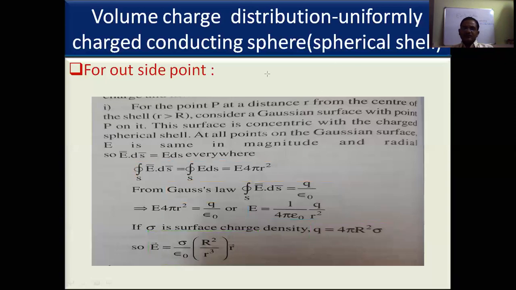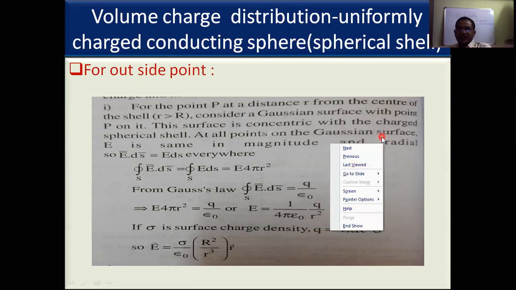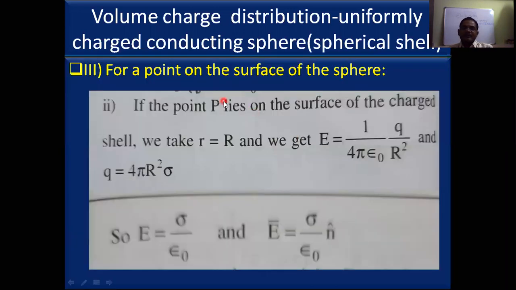Now, let us take a point on the surface. Next, go for the next slide. Yes. The point P lies on the surface of the conducting sphere. Okay.